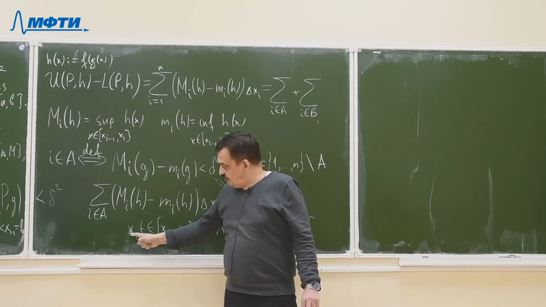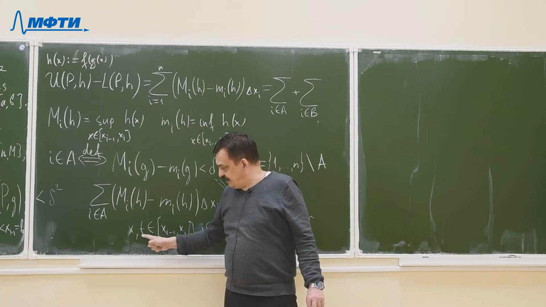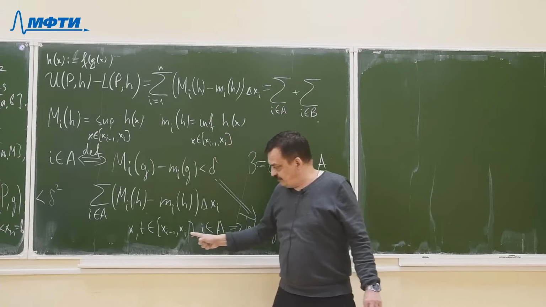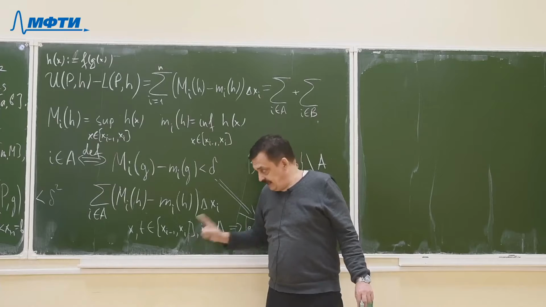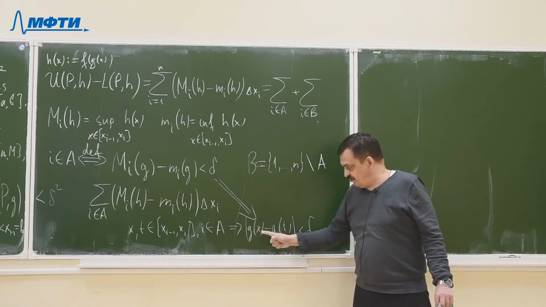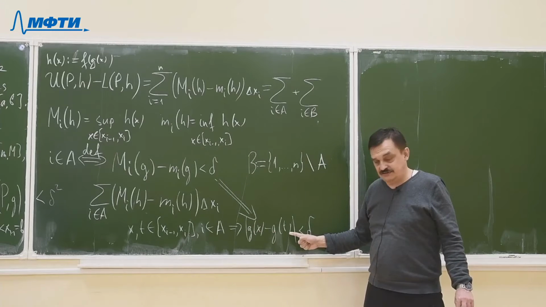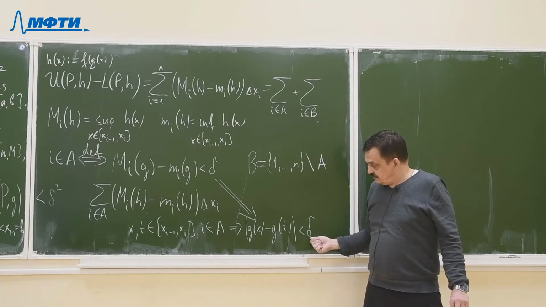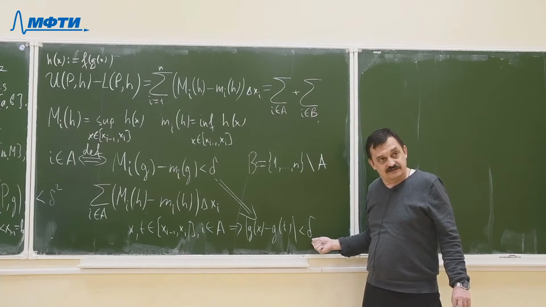So, once we take arbitrary values x and t from our interval [x_{i-1}, x_i], the values g(x) and g(t) satisfy this inequality, right?